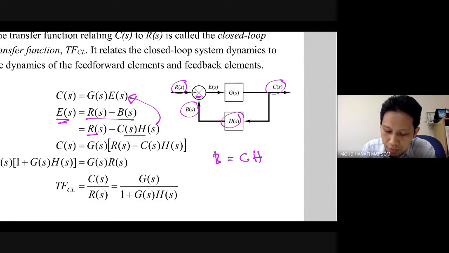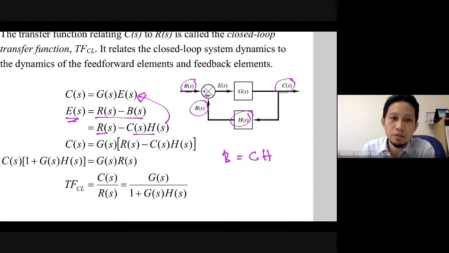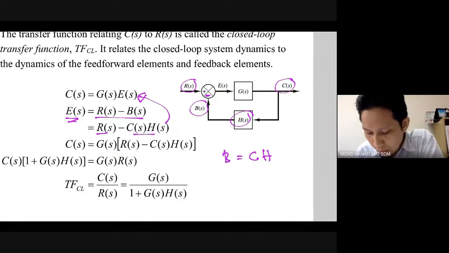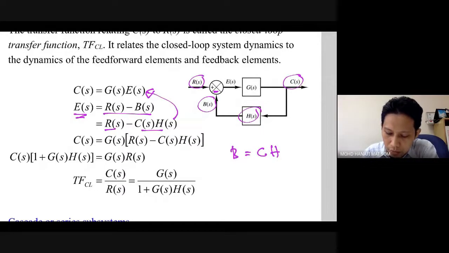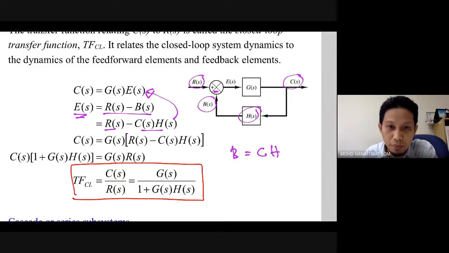You have C(s) equals G(s), where E here is R(s) minus C(s)H(s). And the rest is only algebra. You can rearrange the equations and finally get the closed loop transfer function represented by this equation.